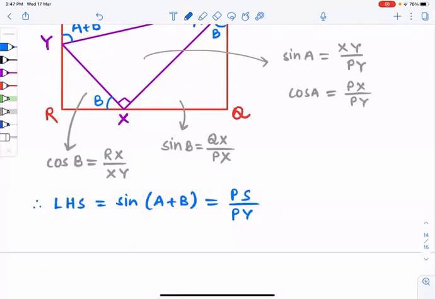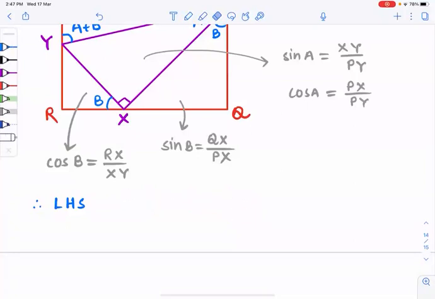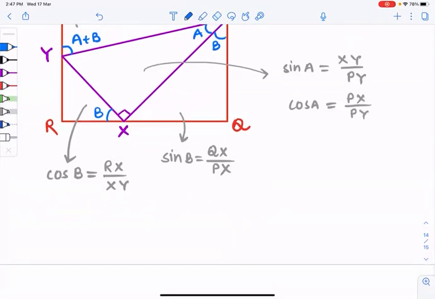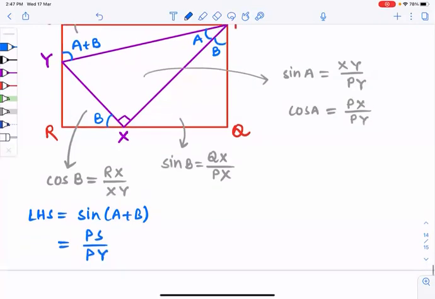Let me take it in this way. LHS is nothing but sine of A plus B, which is nothing but PS by PY. Okay, what is our RHS? Let me write the RHS here.